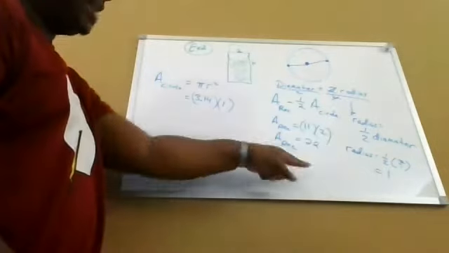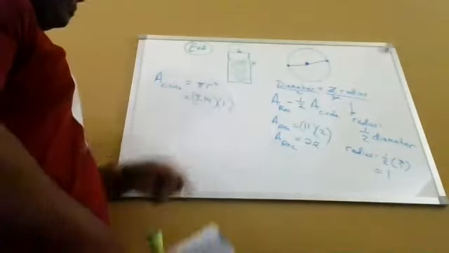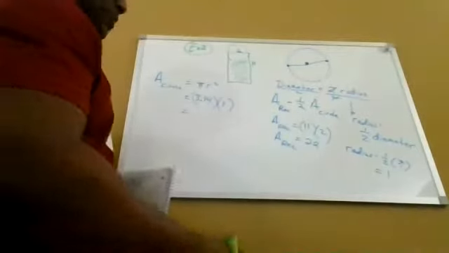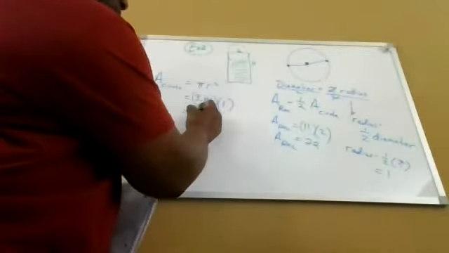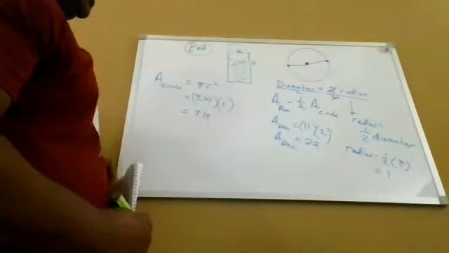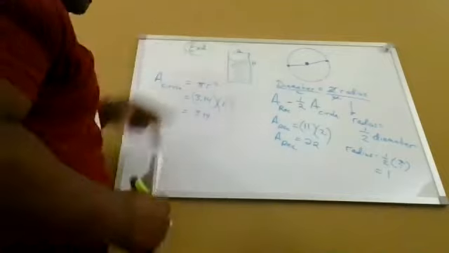I can substitute that into my formula up here. So 3.14 times 1 equals 3.14. But remember, we need just half of the circle.